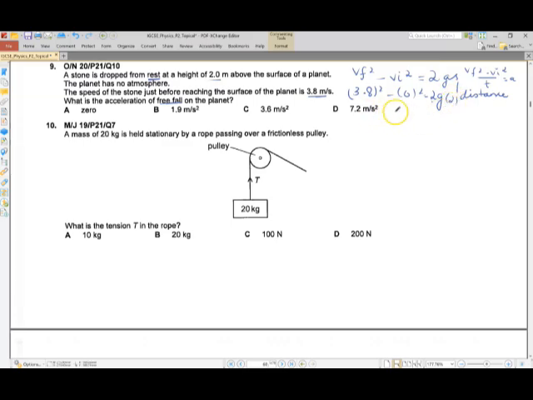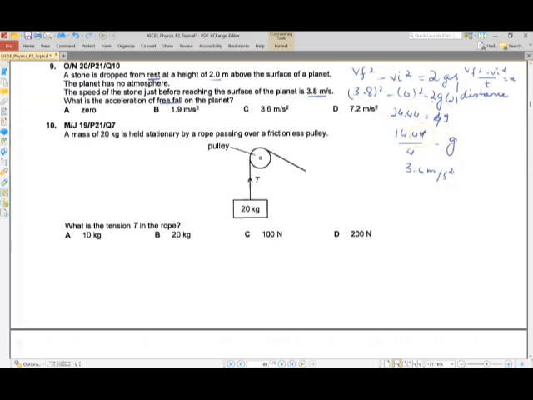So 3.8 square is going to give you 14.44 is equal to 2g times 2, so 4g. So 14.44 by 4 is going to give you the value of acceleration, which is 3.6 meter per second square. So this question can be easily done with this formula.